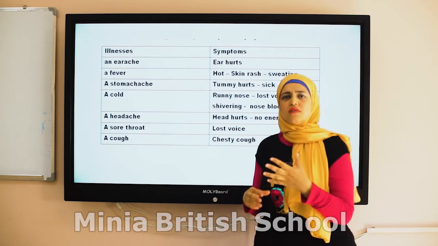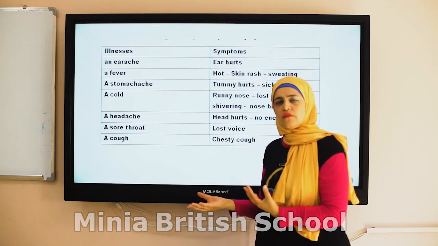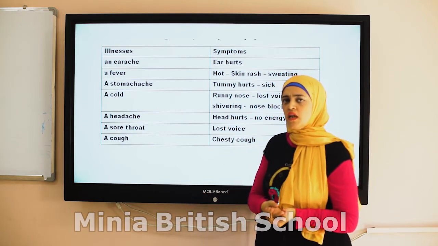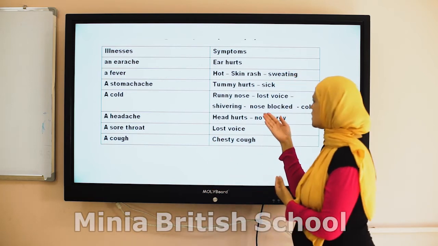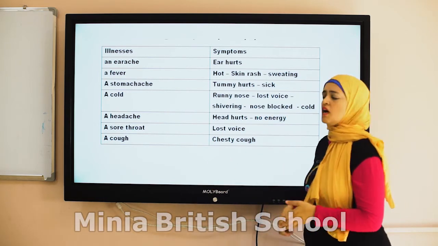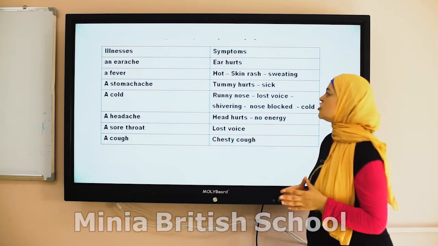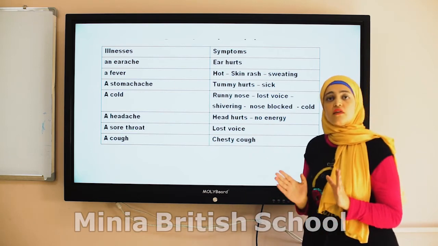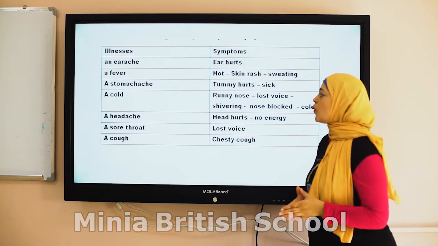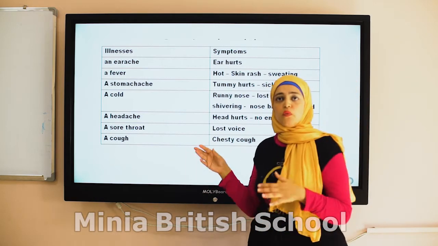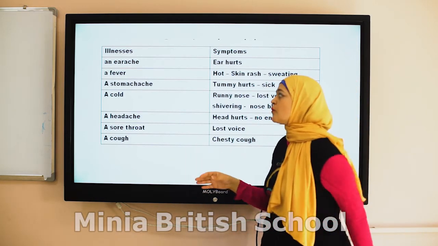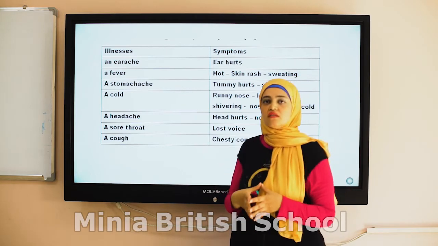Oh, I used has got one time with one of them, and one time I used feel, and another time I said he lost his voice, and another time he is shivering. Yes, this is the right way. How? We have some collocations that we will talk about next, but now I'm talking generally about the illnesses and the symptoms.